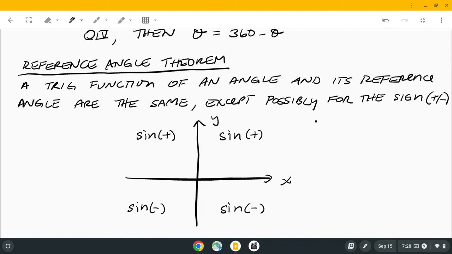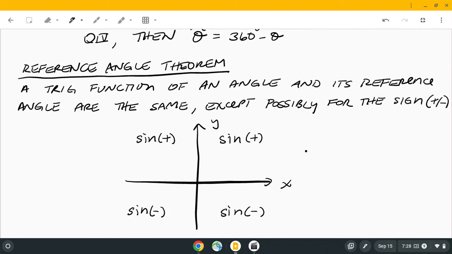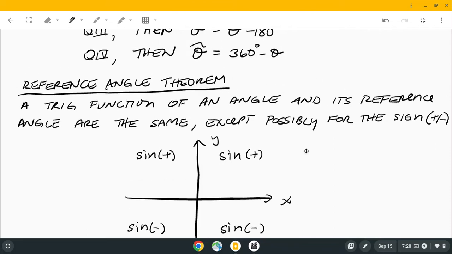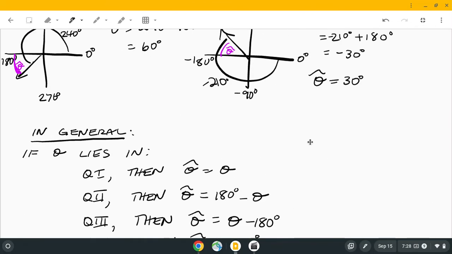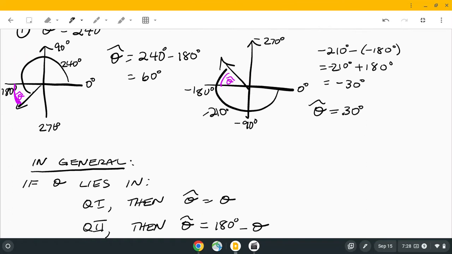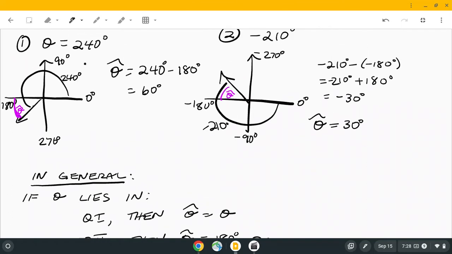So if you're doing the sine of a non-acute angle, let's take a look up here. Let's do this one, 240 degrees. 240 degrees lands down here. So the sine of 240 degrees is the same as sine of 60, with the possibility that it could be negative or positive.